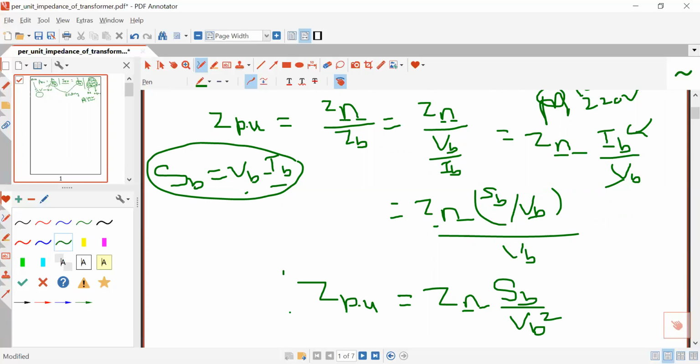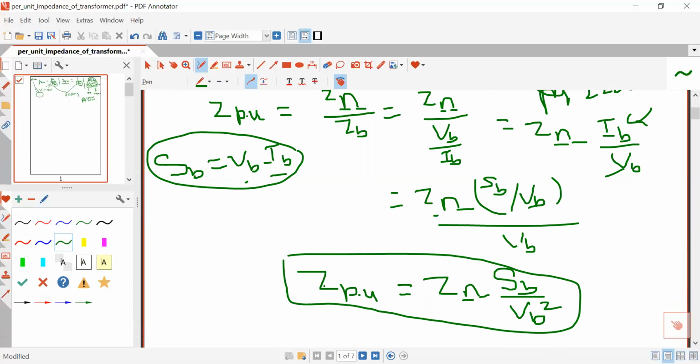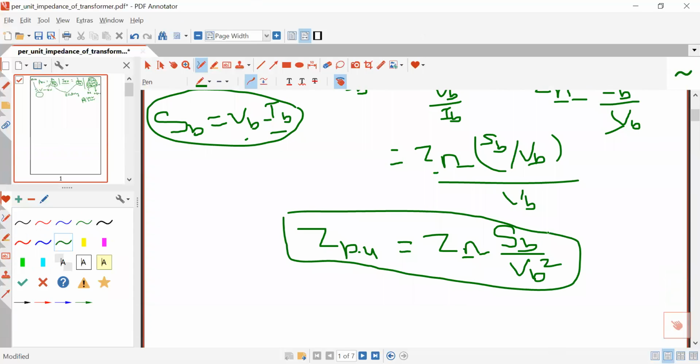So you can see here the per unit impedance of the machine or system can be written in terms of the rating of the machine. Rating of the machine means in terms of S and V. And S and V are available with the machine.